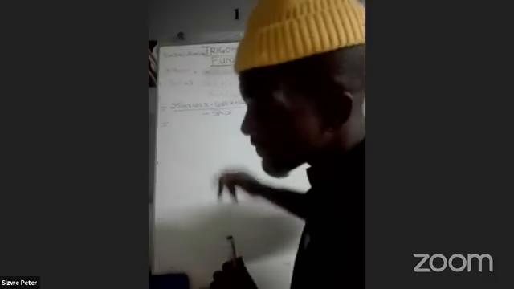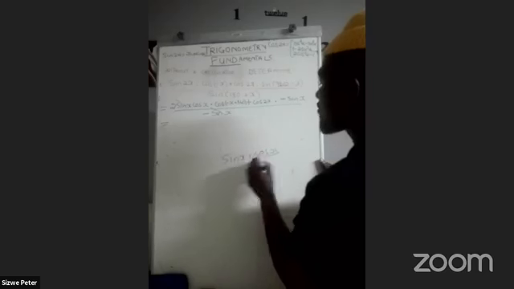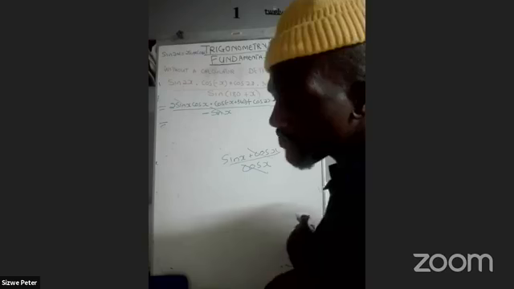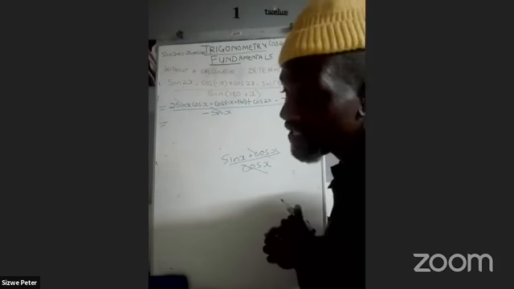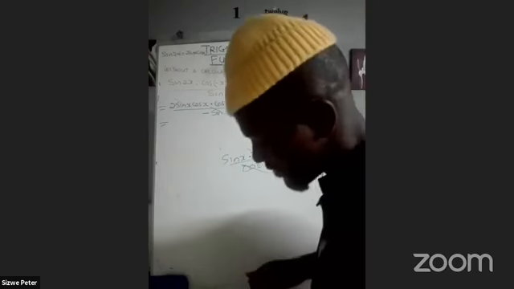If it was multiplication, then you can cancel. If I have sine x plus cos x, it's illegal to cancel. You cannot cancel terms joined by plus or minus sign, but if it's multiplication, then you are allowed to cancel.